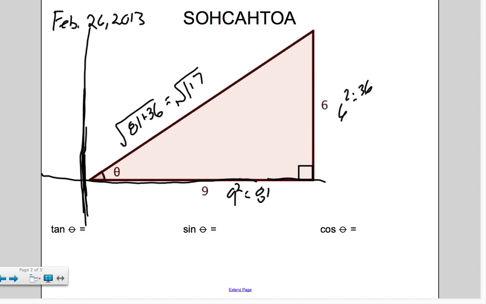Right? Do I convert that to a decimal? But this can be further reduced. It's really 9 times 13. So it's really 3 times the square root of 13. Okay? So that's the length of the hypotenuse.